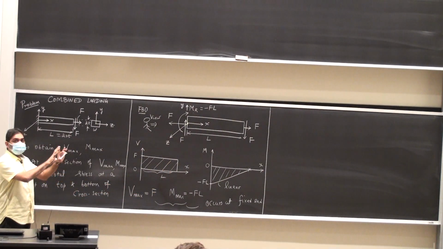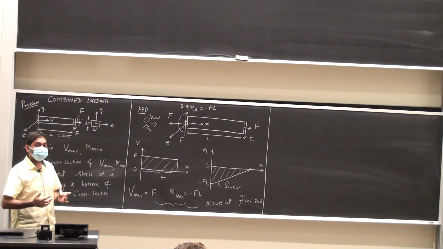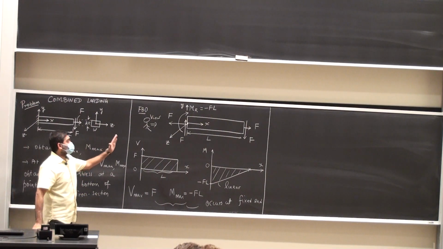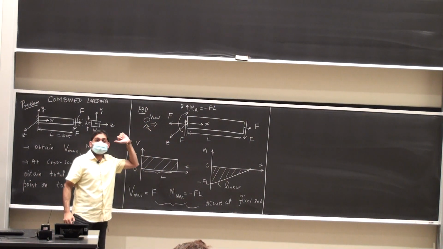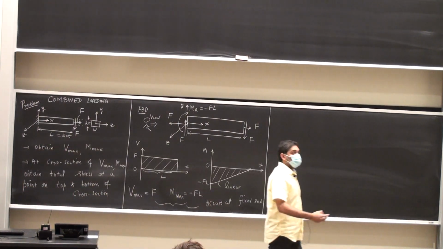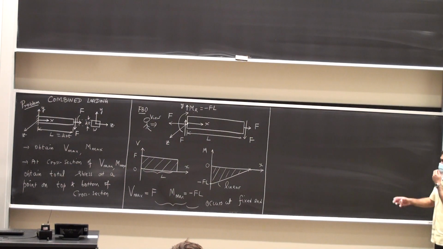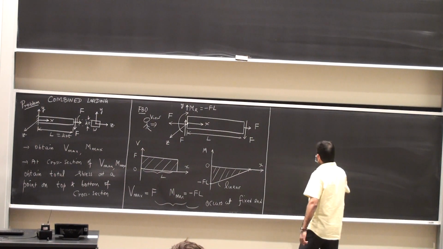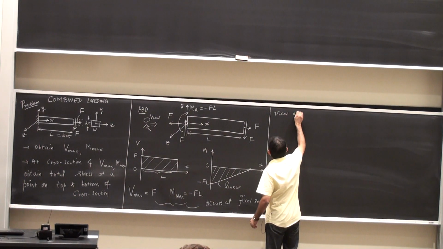And I'm going to take this beam, tilt it towards you, and draw its three-dimensional view from the perspective of the person looking at this beam, staring straight across its face. Okay, so if I do that, I end up with the following figure. And I'm going to keep that figure for the rest of the problem because we're going to deal with that in some sense. So this is the view at the fixed end.